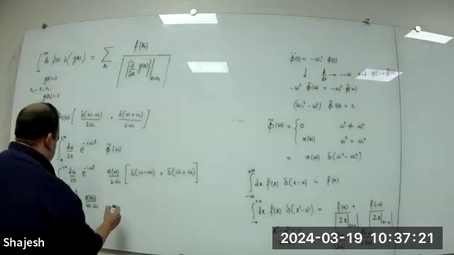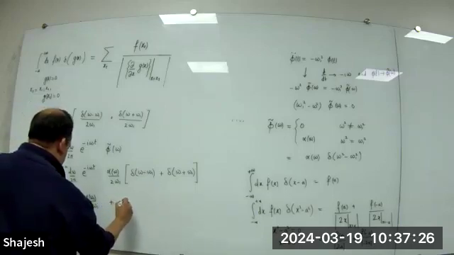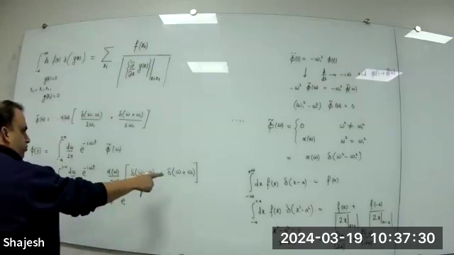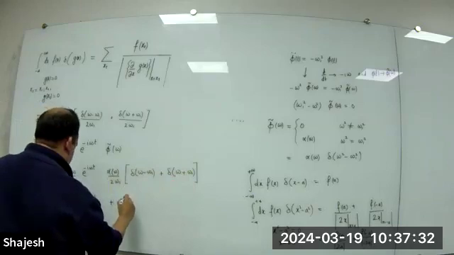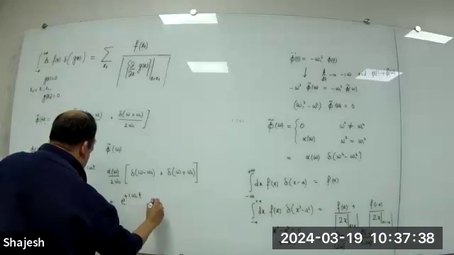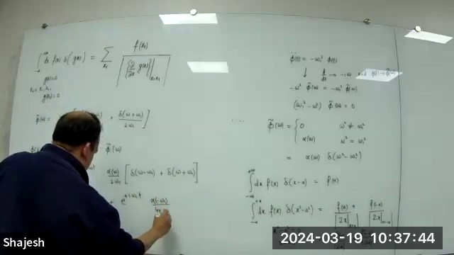And in the second case, I get plus exponential of, so when it is minus, it becomes plus, right? Plus i omega 1 t, alpha of minus omega 1 over 4 pi omega 1.